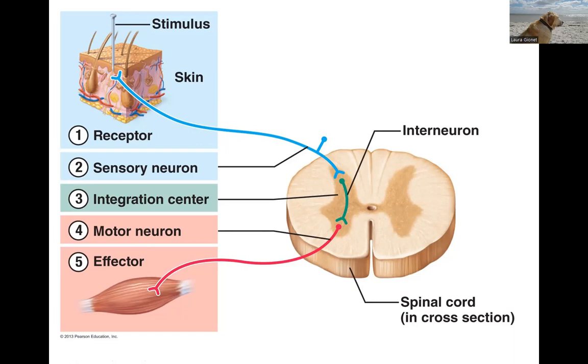One is going to go to the muscle that should contract to remove your foot from a painful stimulus, which would be like your quadriceps muscles to bend your hip and your knee to lift up your foot. But at the same time, you're going to send a motor neuron to the opposing muscle group, the hamstrings, and not excite them, but inhibit them and make sure that they don't contract.